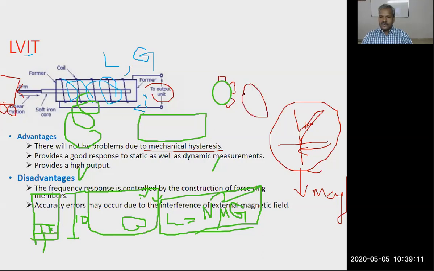There is a slippery contact across the gears. That slippery error is sometimes called mechanical hysteresis. It is also referred to as backlash. So backlash error is the slipping.